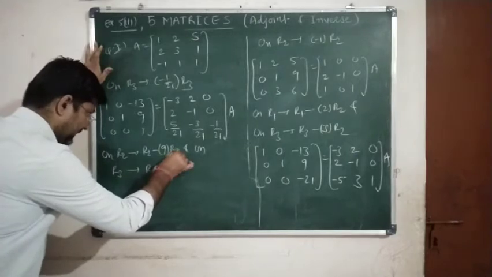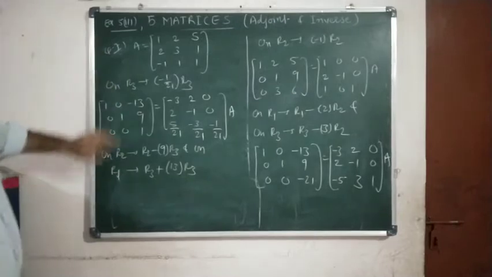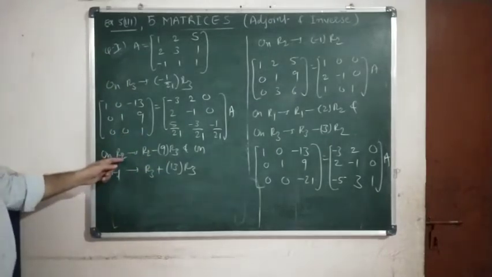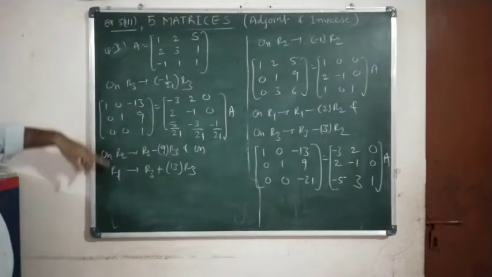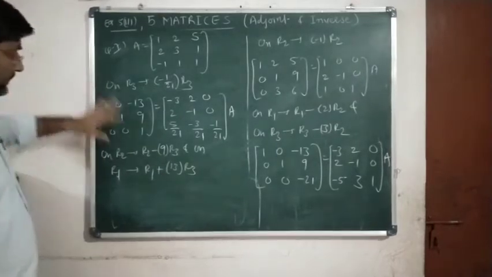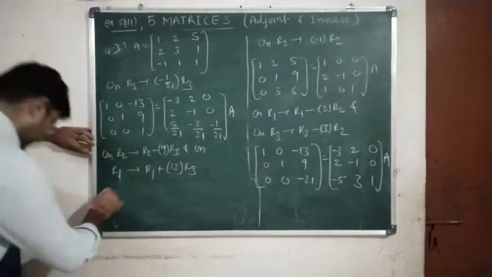First on R2 minus 9 R1, yes or no? Yes, so here you will get 0, okay, and then on R1 plus 13 into R3. Okay, so now let us carry on the operation.